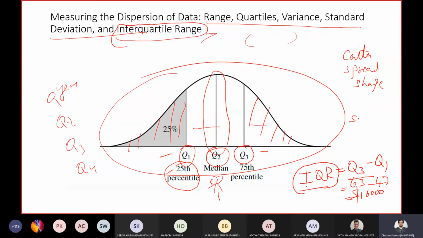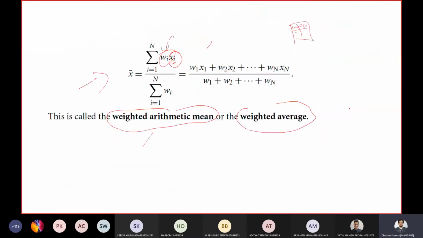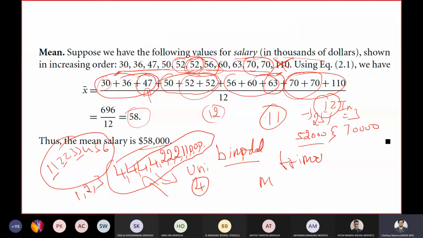As I told you, we have considered the third value, 6th value and 9th value. We have used the 3rd value for Q1 and the 9th value for Q3. What does this 6th value denote? Here the 6th value is 52. So what does this 52 denote?